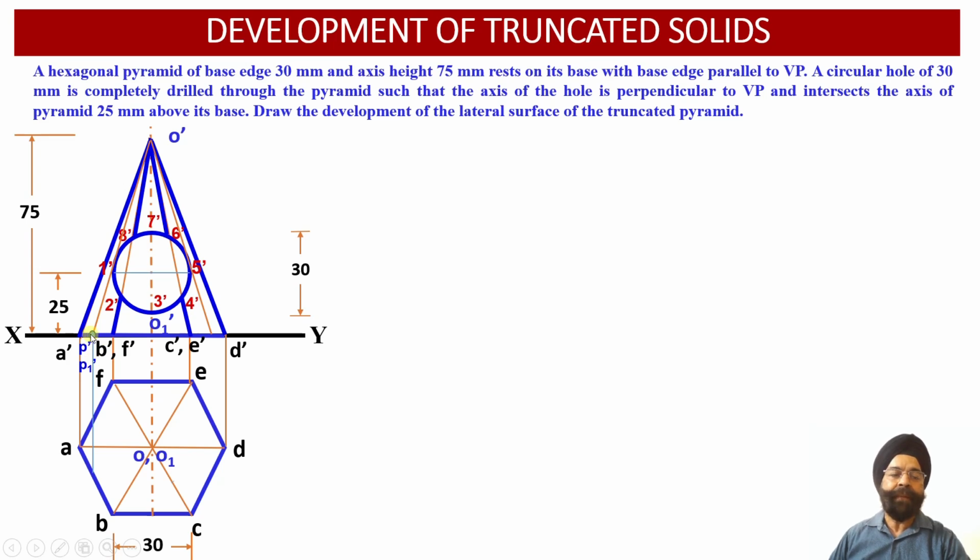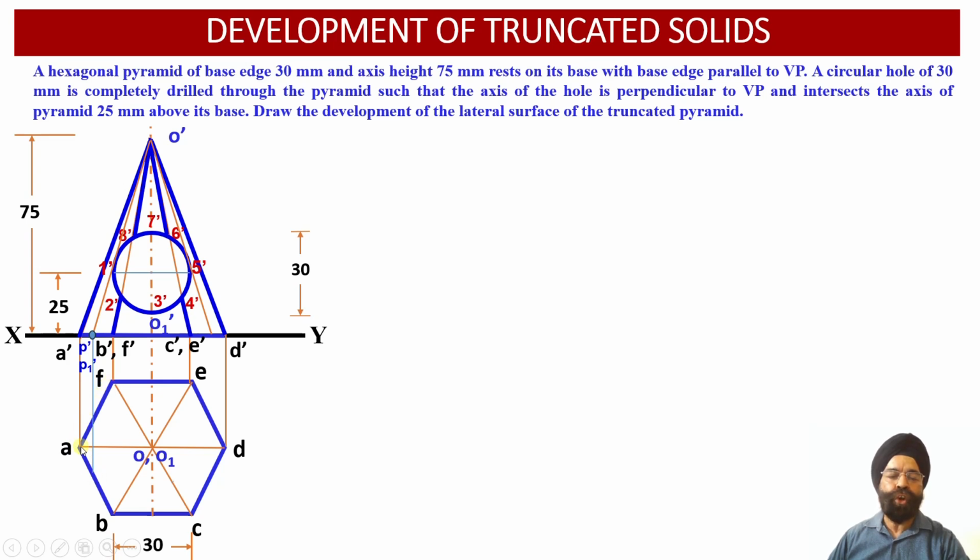Now if we bring a perpendicular projector from these 2 points P dash and P1 dash, we observe that this vertical projector is going to intersect with these 2 base edges of the hexagonal pyramid. It will be intersecting with the base edge AB and with the base edge FA.